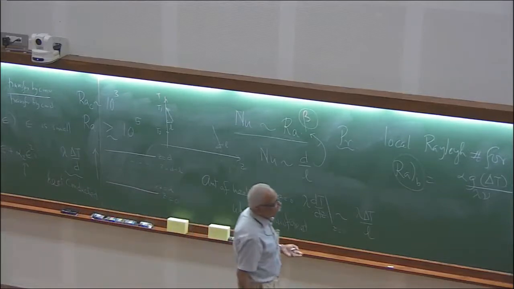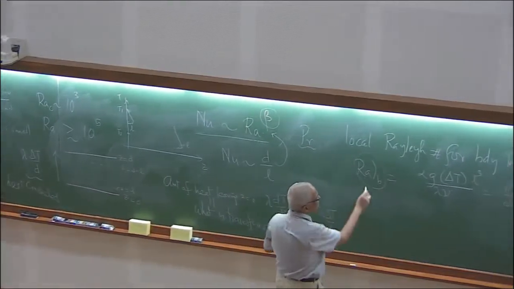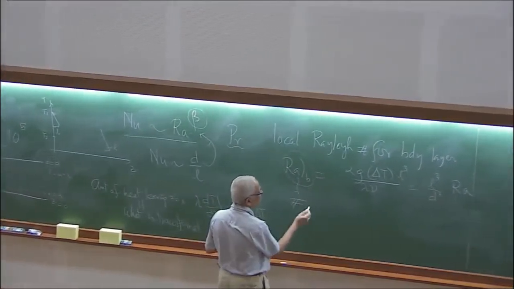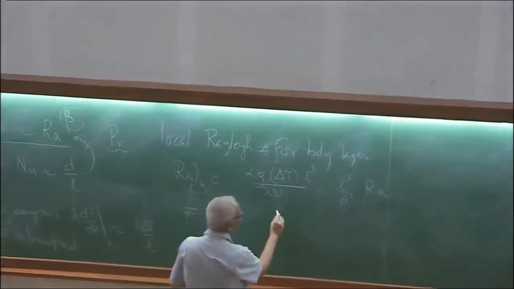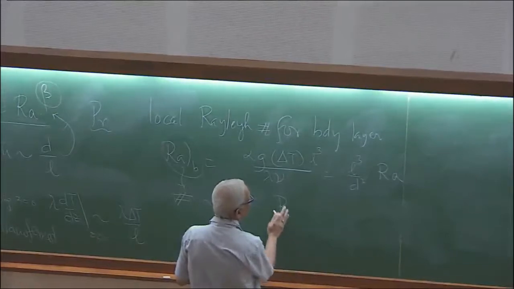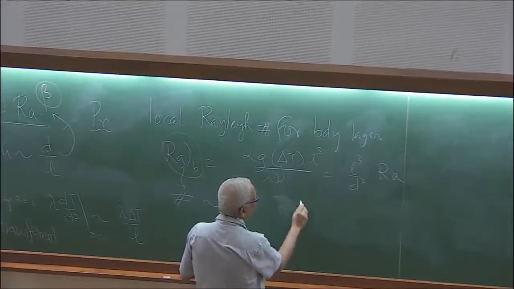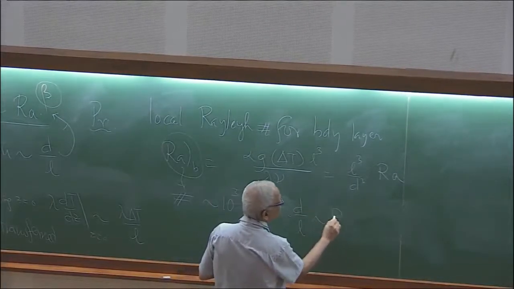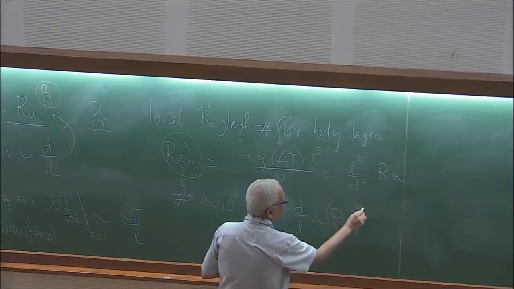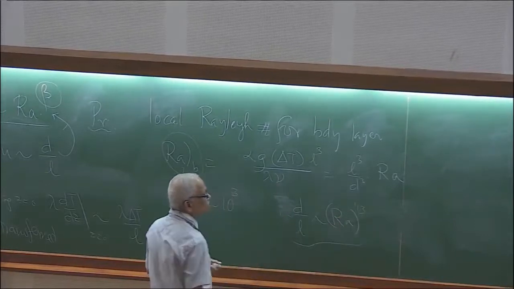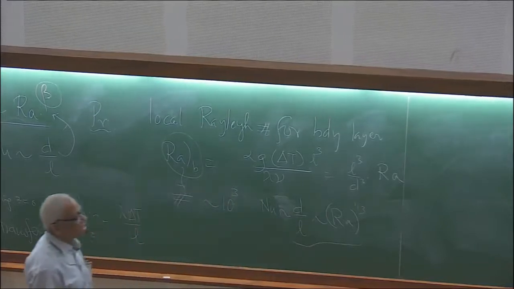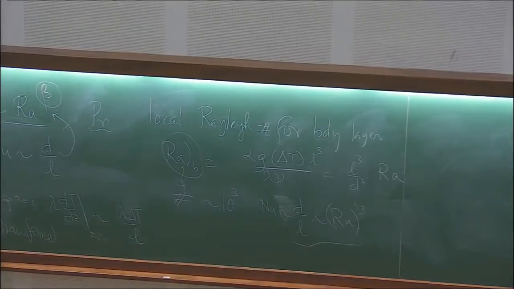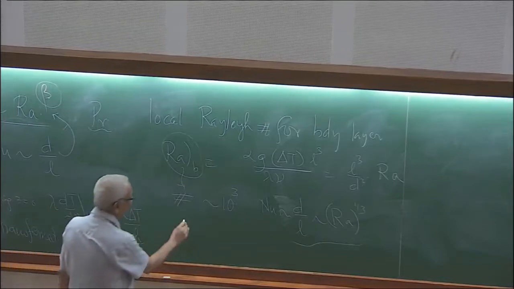So this is some number around 10 to the power 3, and therefore d over L goes as Ra to the power 1/3. So Nusselt number scales as Rayleigh number to the power 1/3. This was 1954.